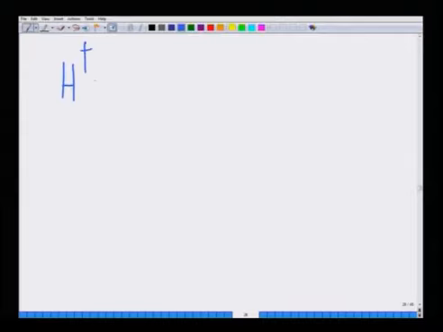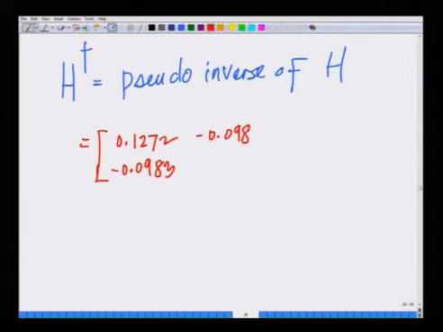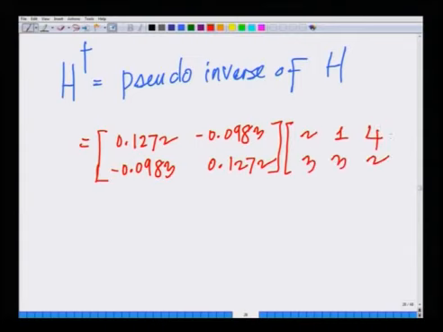Finally, H dagger, the pseudo inverse of H, also known as the left inverse of H, is given as H Hermitian H inverse, which is [0.1272 minus 0.0983; minus 0.0983 0.1272], times H Hermitian, which is [2 1 4; 3 3 2].